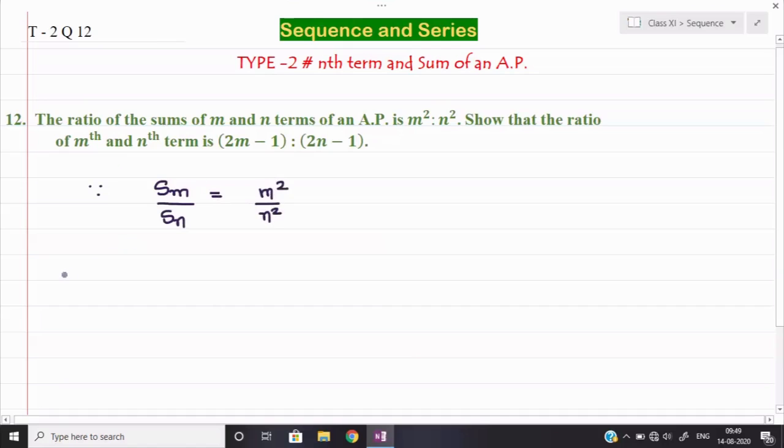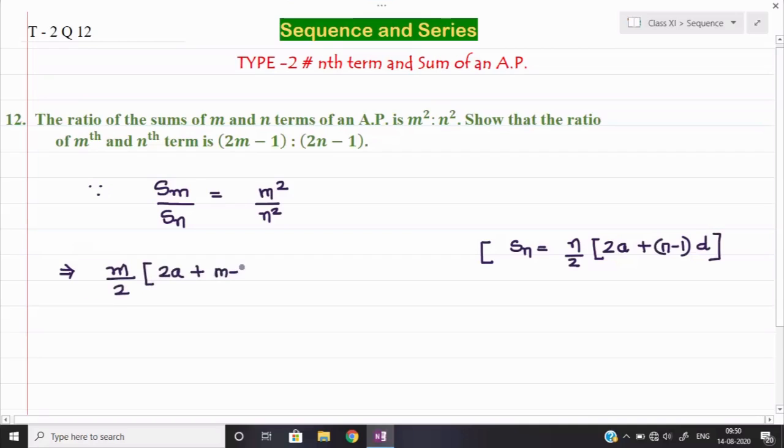Okay. Now value of Sm, I will apply the formula here. You know that the formula is here. If we see the formula, the value of Sn formula is that you have covered in the class 9th or 10th also, sorry. So n upon 2 into the bracket 2a plus n minus 1 into d. Okay, so same formula I am applying for two different terms. So in the case of Sm, it will become m upon 2 into the bracket 2a plus m minus 1 into d.